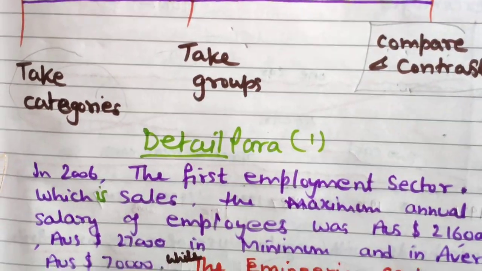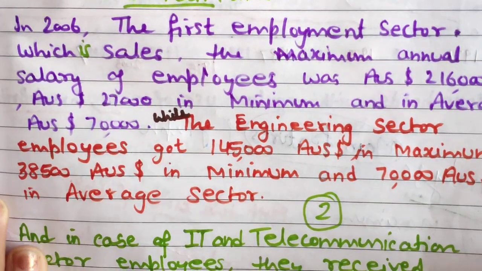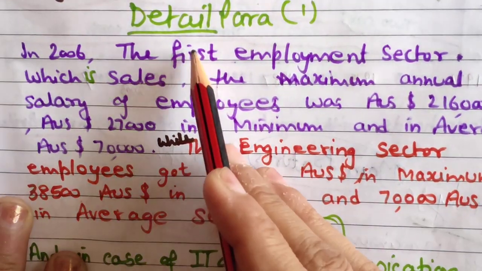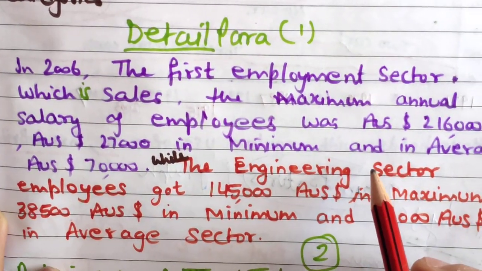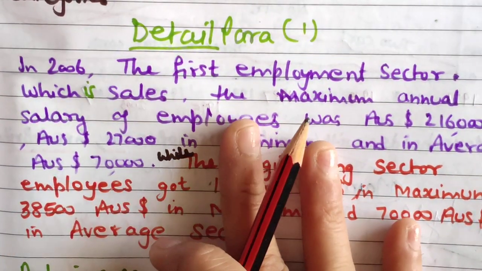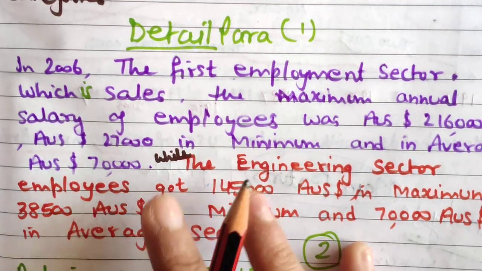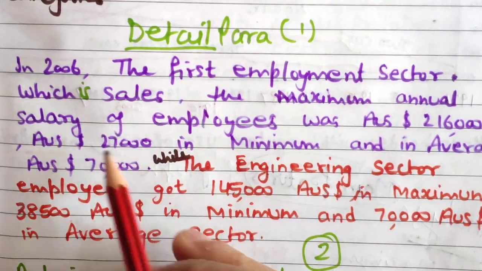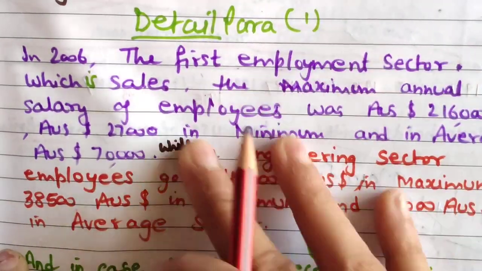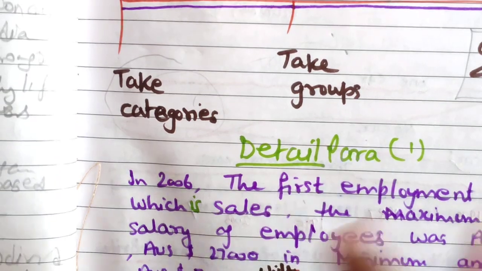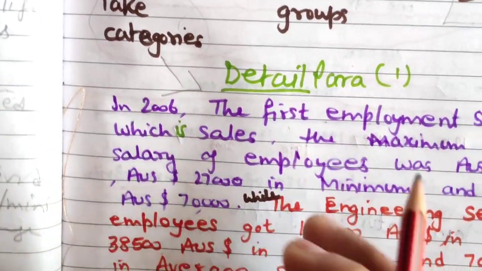Okay, now I will explain to you detail paragraph number 1 and detail paragraph number 2, how I have done it. I have written a simple method here. In 2006, first I have taken according to categories. So now category wise I am going to explain it.